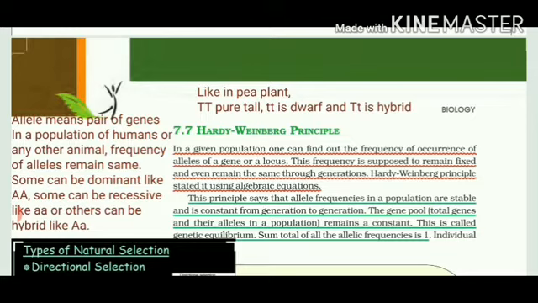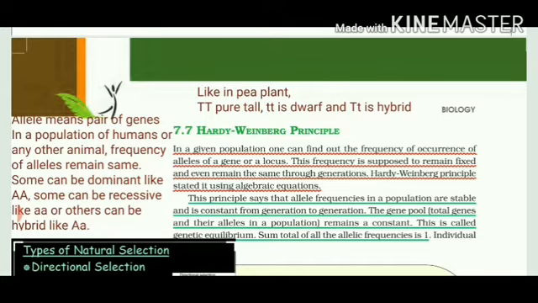This frequency mostly remains fixed, meaning the total number of organisms who are dominant, plus recessive, plus those who contain both characters, always remains the same, and the value is equal to 1. Hardy-Weinberg was the scientist who proposed a principle based on algebraic equations. He said that evolution will take place only when there are mutations, gene flow, and genetic drift.